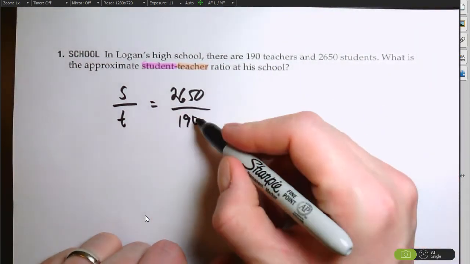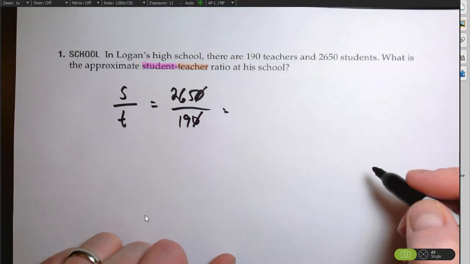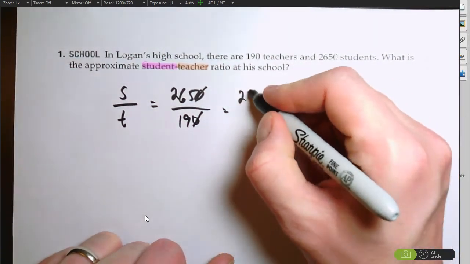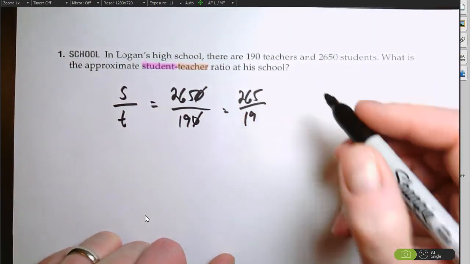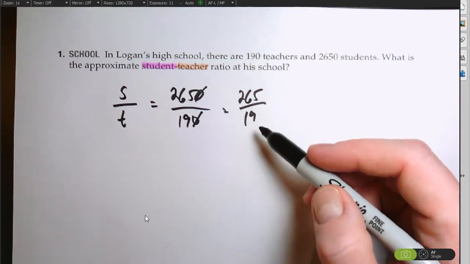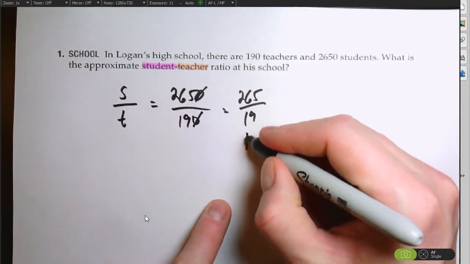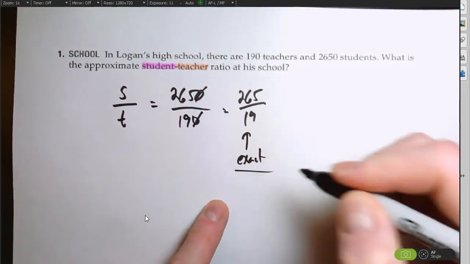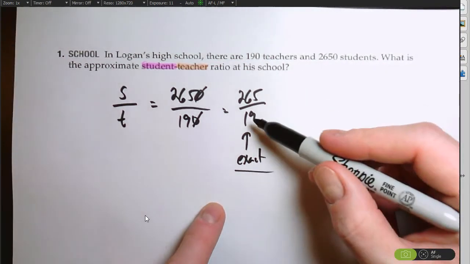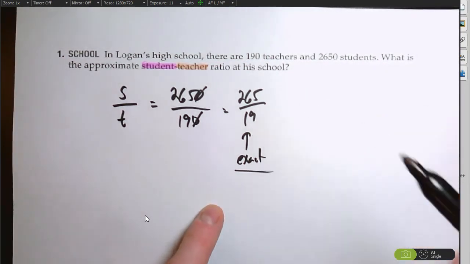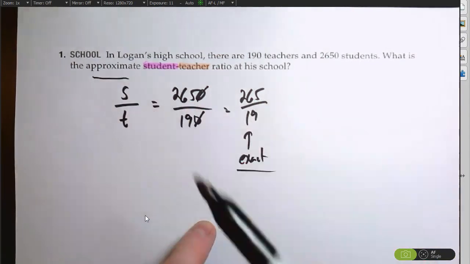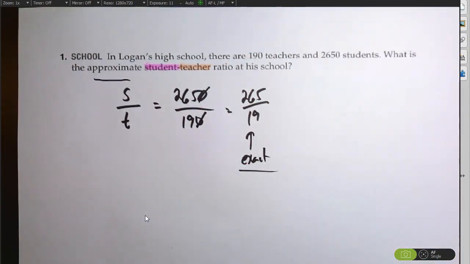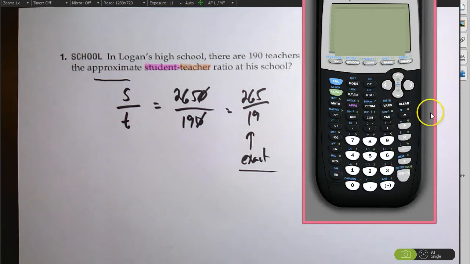Now the exact ratio for this, those both simply cancel out to be 265 over 19. And 265 and 19 don't reduce any further. This is exact. 19 is prime, that's why I know it doesn't reduce any further. Now, the problem said, what's the approximate ratio? So that's where we get our calculator out, and we can divide 265 by 19.